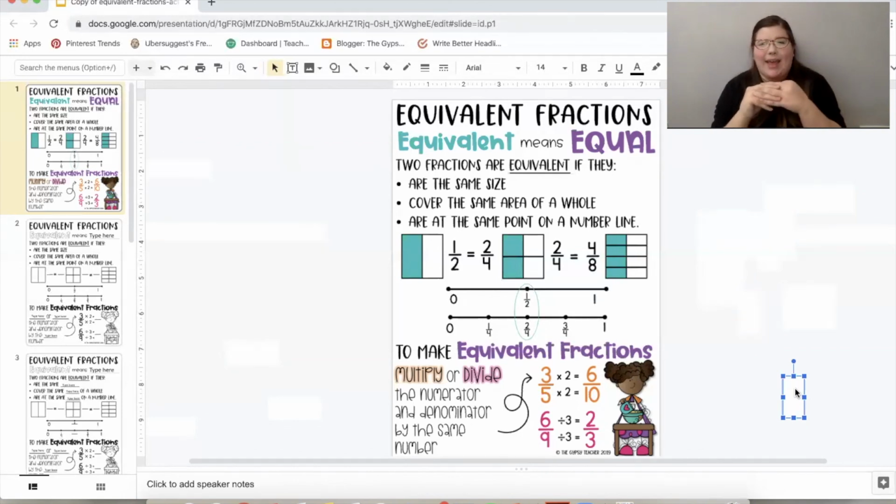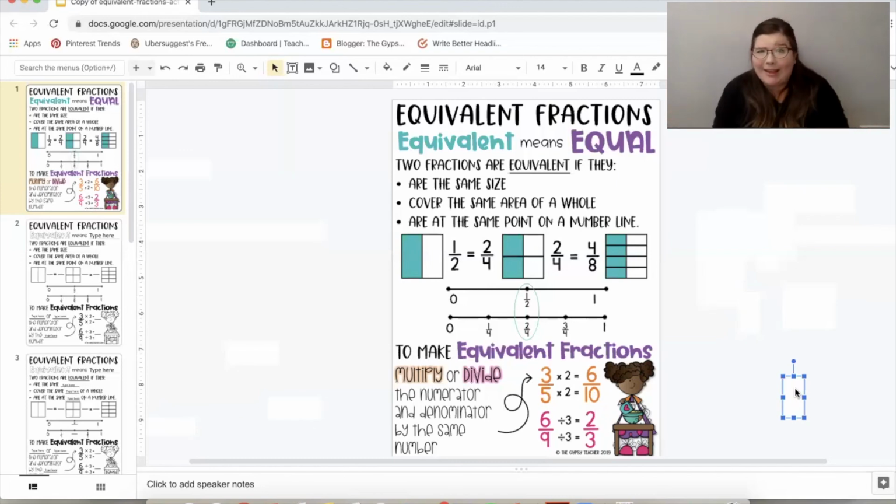And they are the same point on a number line. Very good. Did you see all of our different ways that we learned about equivalent fractions? And then we also have, how do I make an equivalent fraction? What do I need to do? Multiply or divide what? The numerator and the denominator by what? The same number. Very good.